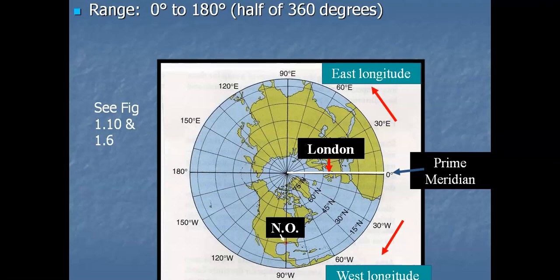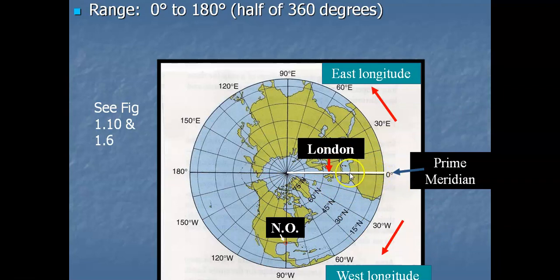Since latitude divides the Earth into a northern hemisphere, or northern latitudes, and southern hemisphere, southern latitudes, it was decided to take the full circle of 360 degrees and cut it in half.